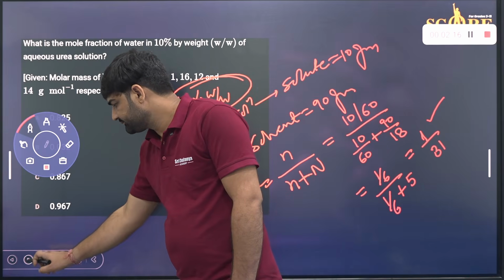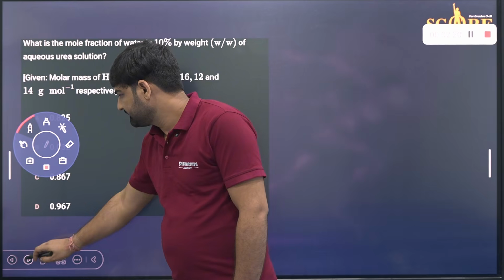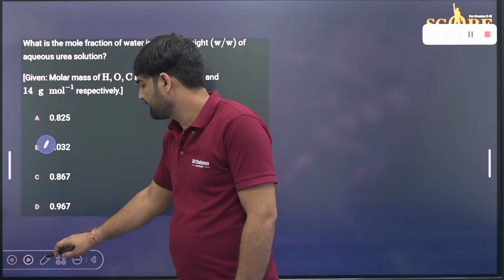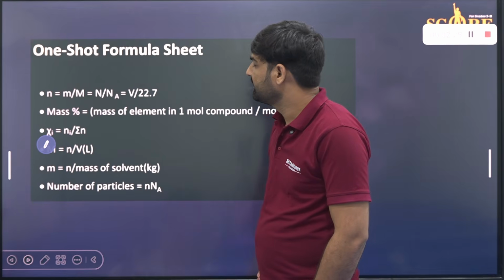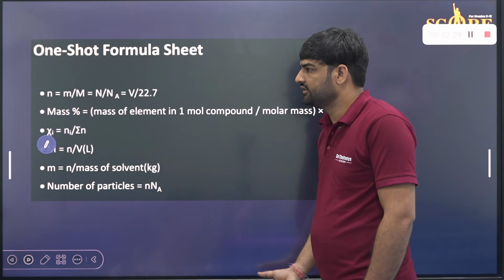Now, these are basic formulas in the entire session.